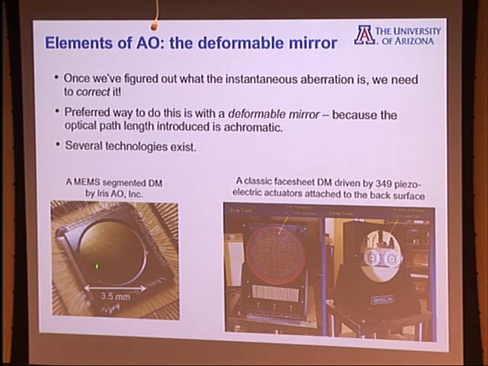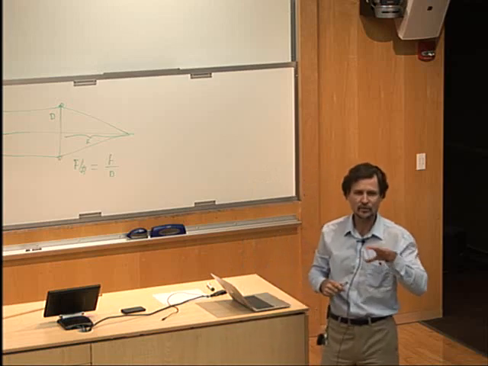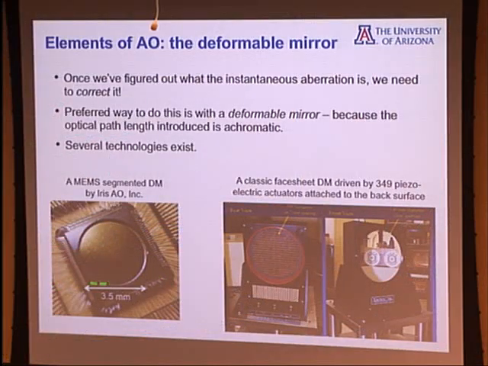In fact, this is an example where each one of these little hexagonal segments has 3 actuators on the back, so it can be pushed up and down in piston, and it can be tipped and tilted by little electrostatic actuators that are buried behind it. The whole thing is only 3.5 millimeters across, and it has something like 110 degrees of freedom that you can use to take out aberration.